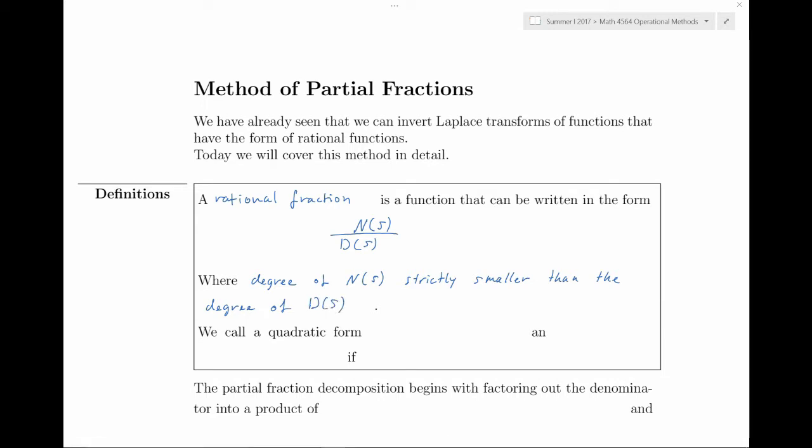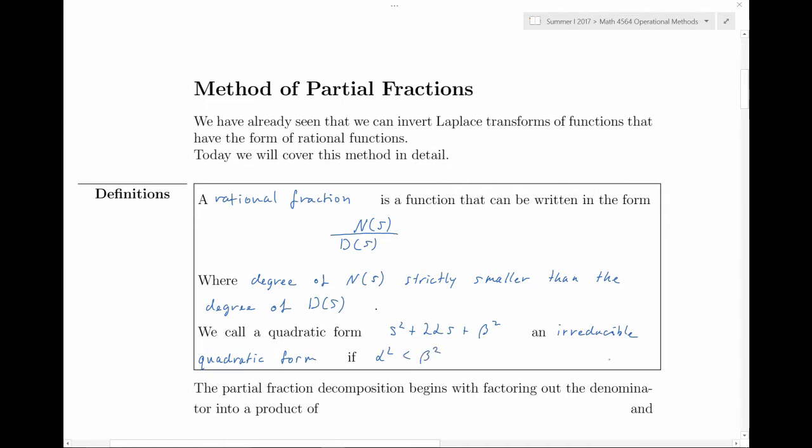We're also going to encounter irreducible quadratic forms in our partial fraction decompositions. So let's give it a definition. We call a quadratic form s squared plus 2 alpha s plus beta squared an irreducible quadratic form if alpha squared is strictly smaller than beta squared.